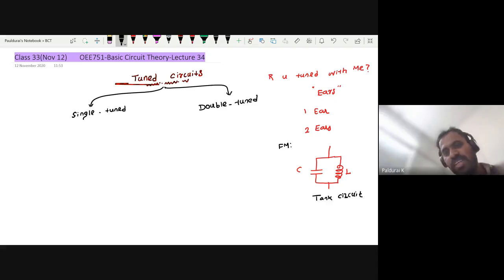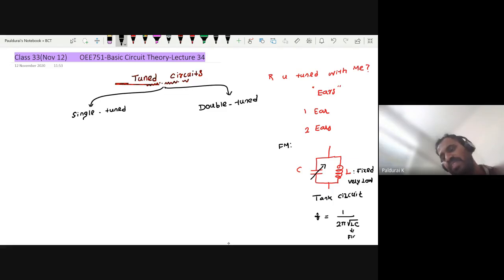Actually here this L is fixed, and one more thing, this L is very low, so you cannot change this. That's why you are changing this capacitor, and it is a variable one. And you are changing the knob, right? You are changing the capacitor, and here the frequency, that we already discussed, F equal to 1 divided by 2 pi square root of LC, where L is fixed.